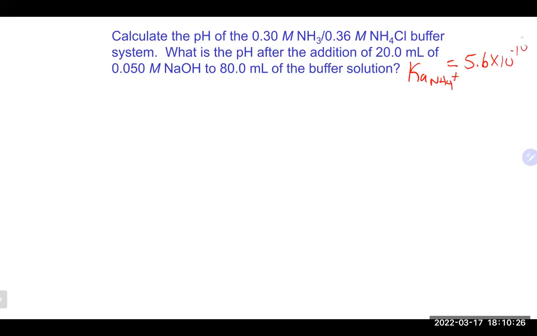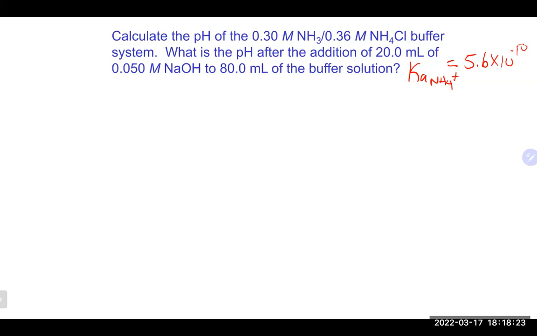You should end up with two answers. One, what is the pH of the buffer before you add anything to it? And second, what is the pH of the buffer after you add some sodium hydroxide to it? You're going to be adding to 80 milliliters of your buffer. So you have a beaker of 80 milliliters of buffer, and you're then going to add 20 milliliters of base to it. So see what you come up with. Again, two answers for this one.